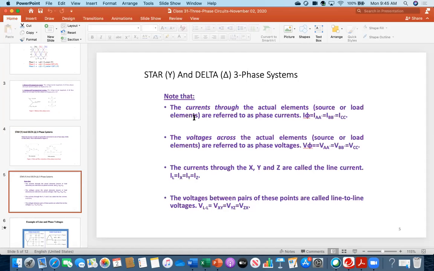The currents through the actual elements, source or load, are referred to as the phase current. Similarly, the voltage across the actual elements, source or load, is referred to as the phase voltage. The currents through X, Y, and Z are called the line current, and the voltage between pairs of these points is called the line-to-line voltage.